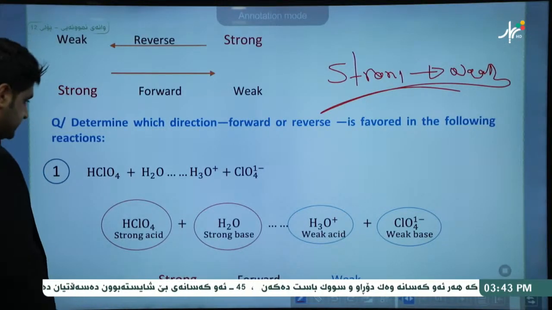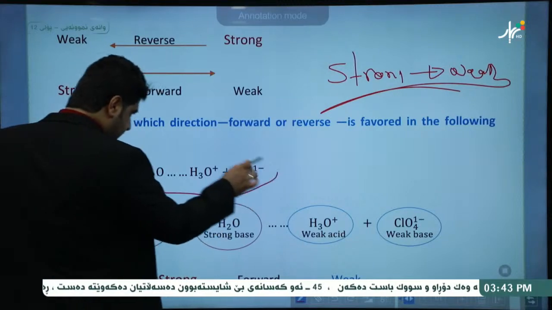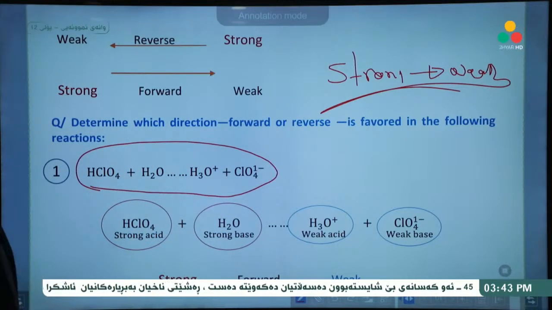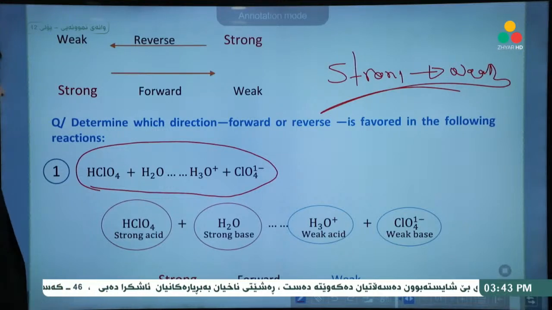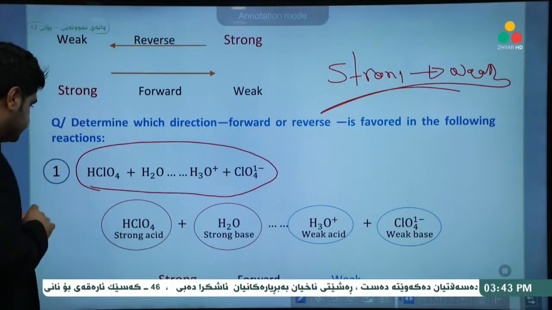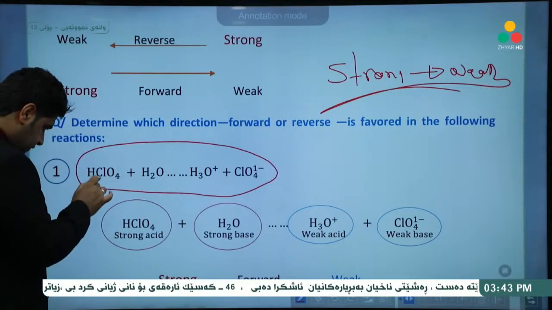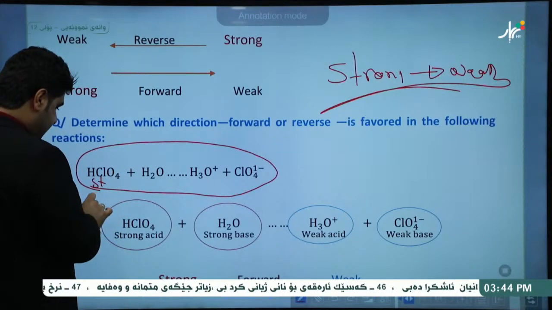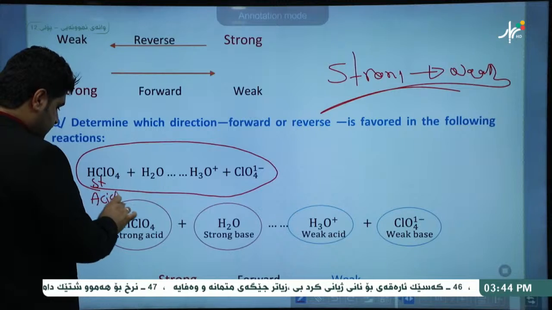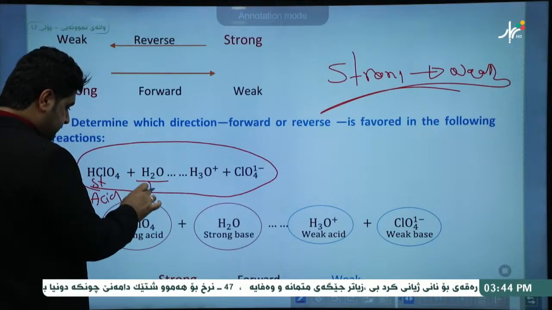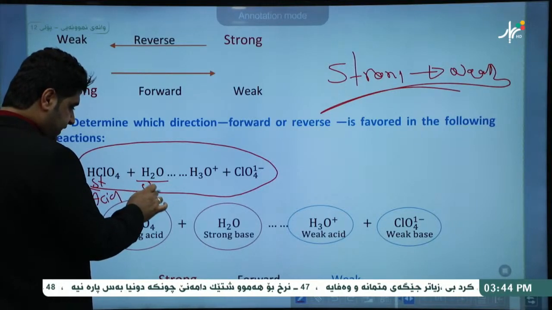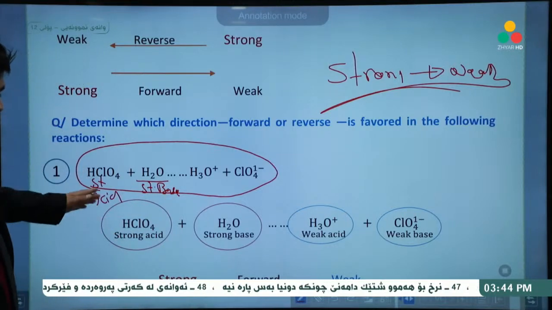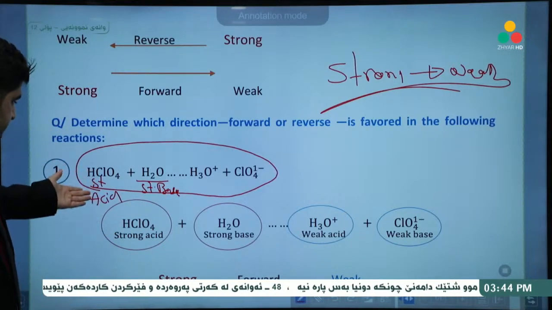The first one is that. How do we answer this type of question? First of all, identify strong and weak. If it's a strong acid, water will have a strong property, so it will be a strong base. Water's strength always depends on the strength of the first electrolyte. If it's strong, it's strong.